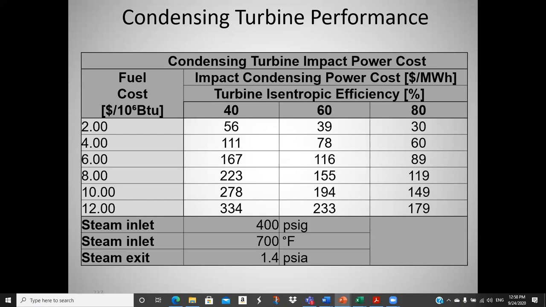Unless you've got free fuel, then you can probably make that work. But if you have to buy your fuel at much of any cost, you can't compete with them. The utility company's too good. But if you can do it with a back pressure turbine, you can kick their tails all day long, because you utilize the energy out of the turbine, whereas they throw it away. That's kind of the game.